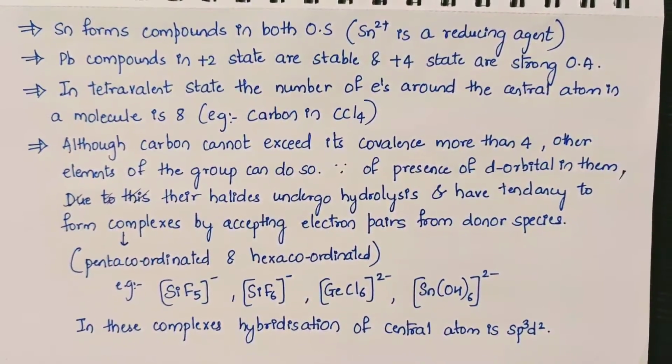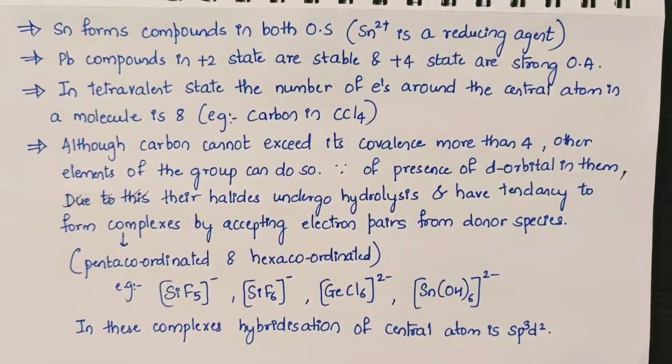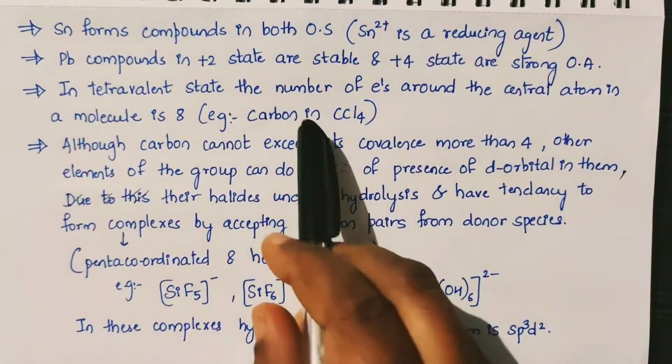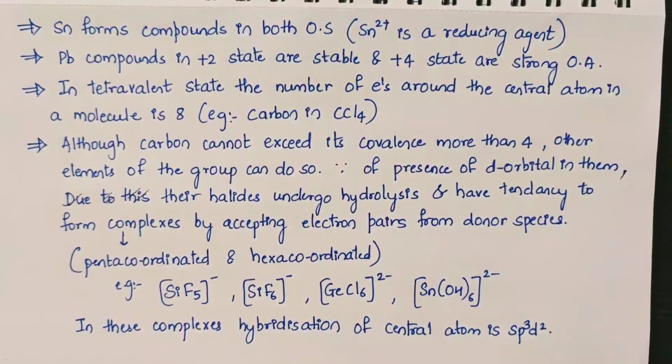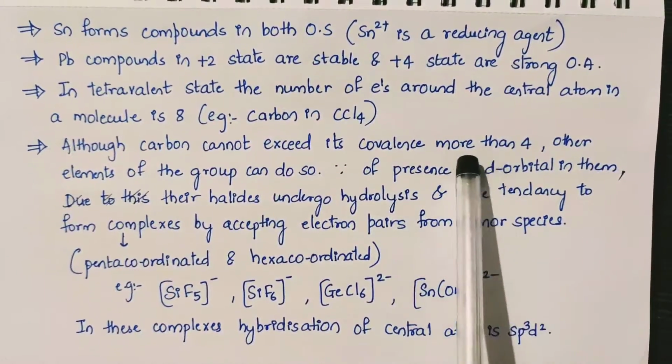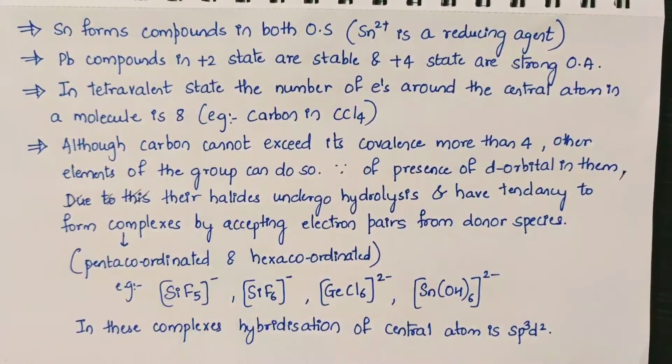Now in the tetravalent state, the number of electrons around the central atom in a molecule is 8. For example, in CCl4, the number of electrons around the carbon is 8. Although carbon cannot exceed its covalence of 4, other elements of the group can.